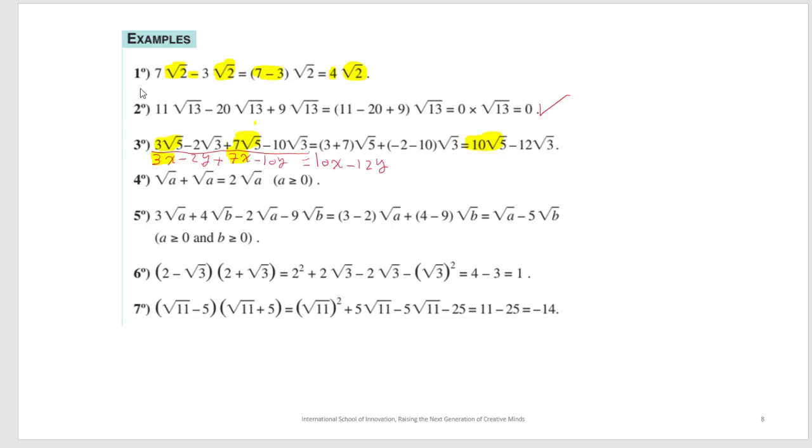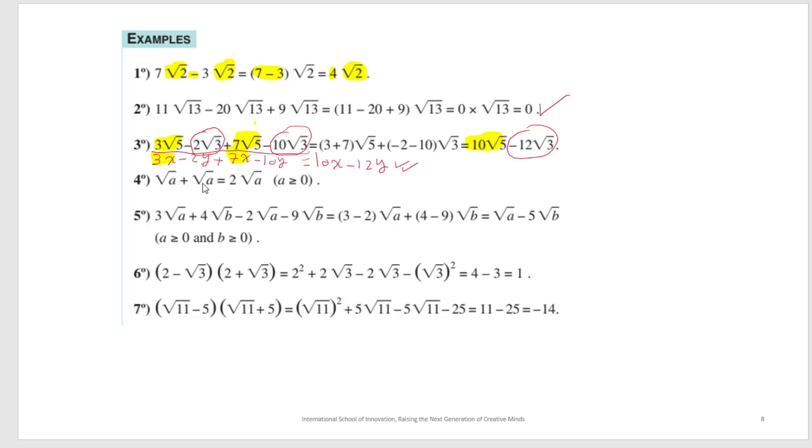And also negative 2 radical 3 minus 10 radical 3, it is minus 12 radical 3, and it's done. You have no need to write all this, but I'm only explaining it here.